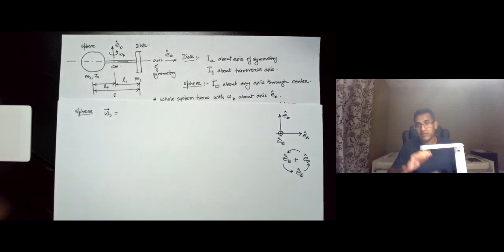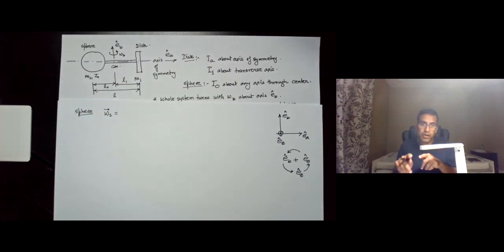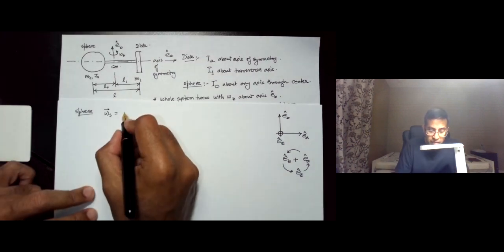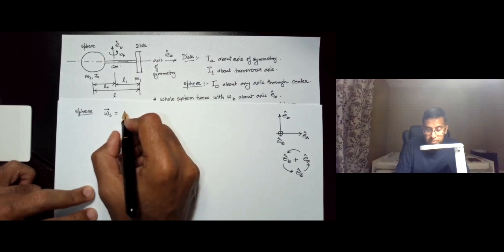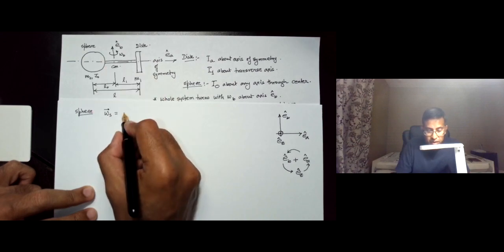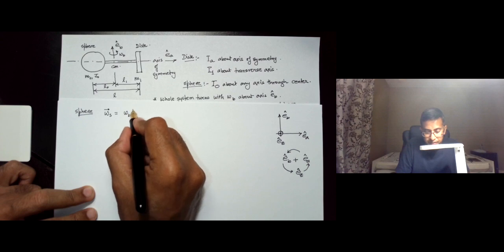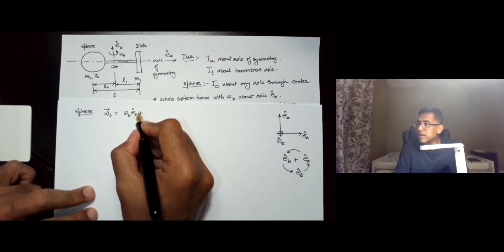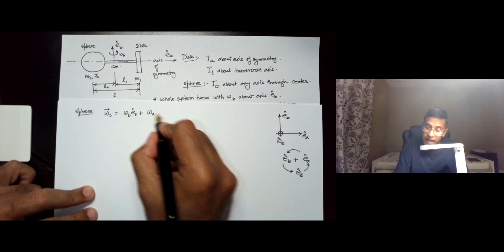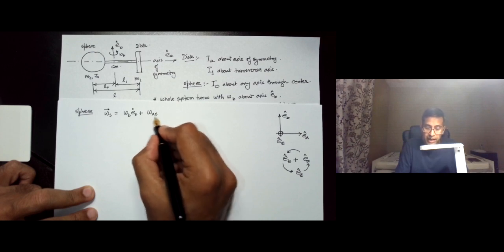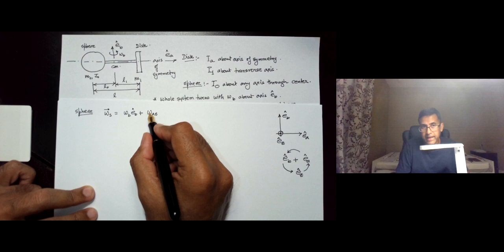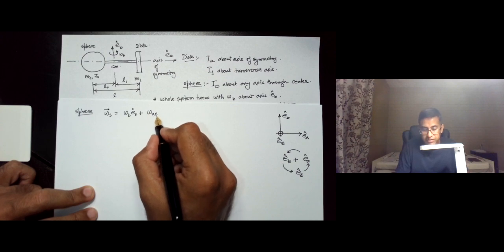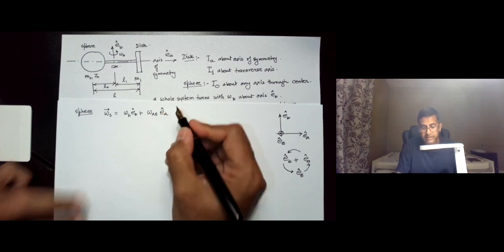As the sphere and the disk rotate about each other, the axis of symmetry connecting the two is now going to have an angular velocity about it. So this angular velocity of the sphere is going to be omega b EB plus some angular velocity along the axial direction. Let's call that omega AS. This represents the angular velocity in the axial direction for the sphere, and this is going to be in the EA direction.